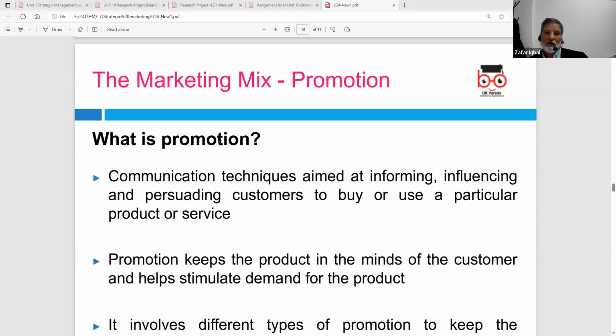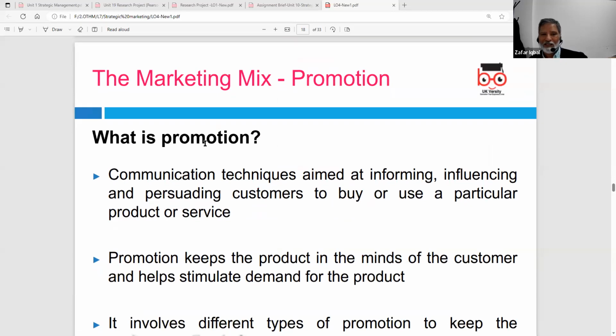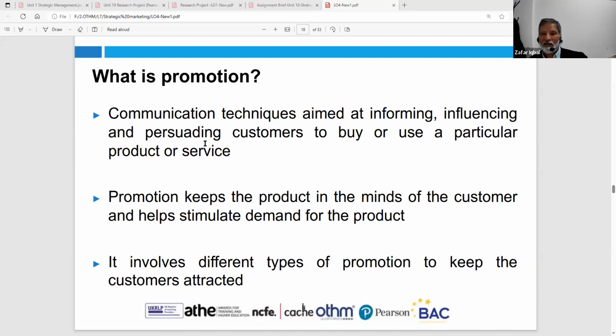Okay, the last element of the marketing mix is promotion. Now, promotion is a technique to create awareness, to inform buyers, to influence them, or to persuade the customer to buy your products from a particular service, or from a particular channel, or from a particular distributor.